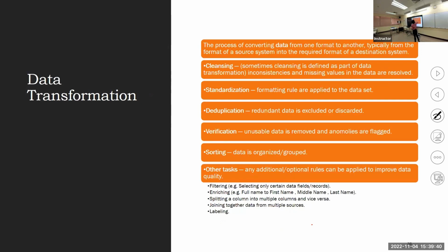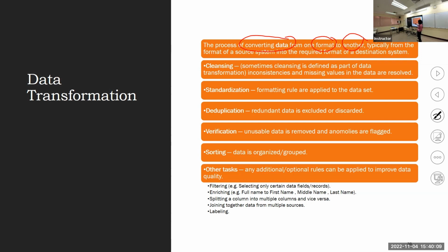The transforming process is to convert data that is already cleansed, good quality in terms of correctness, but may not be in the format that you can use for analysis or model building. Then you convert from one format to another.